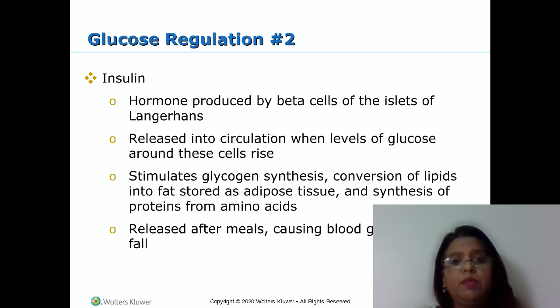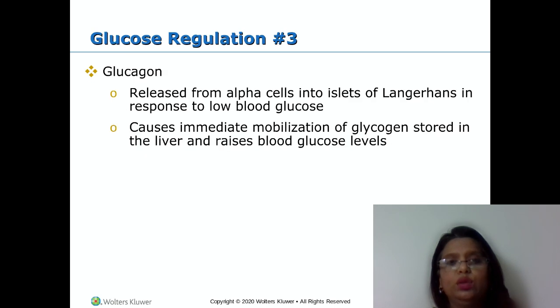Now, insulin is a hormone produced by beta cells of islets of Langerhans, released into circulation when the levels of glucose around these cells rise. It stimulates glycogen synthesis, conversion of lipid into fat stored as adipose tissue, synthesis of protein from amino acids, causing blood glucose levels to fall after meals. Glucagon is released from alpha cells of islets of Langerhans in response to low blood sugar.